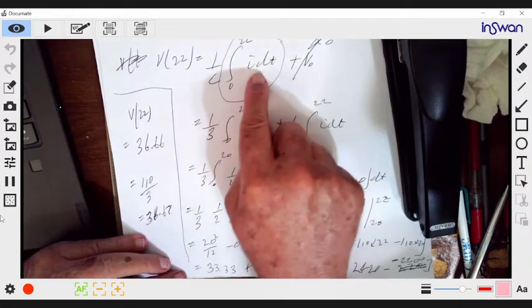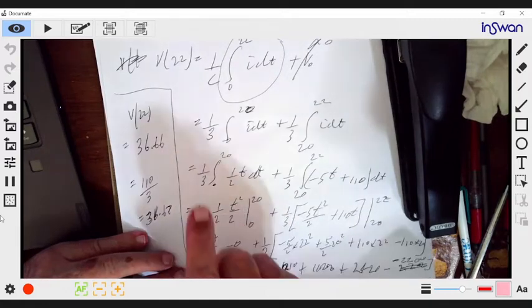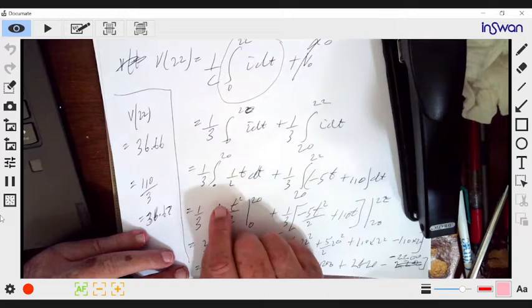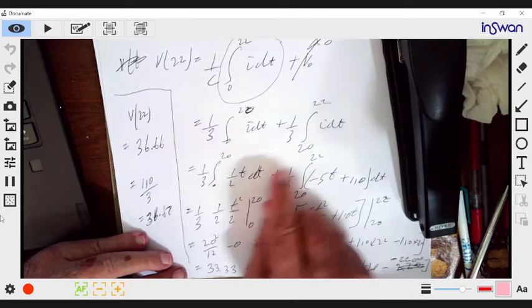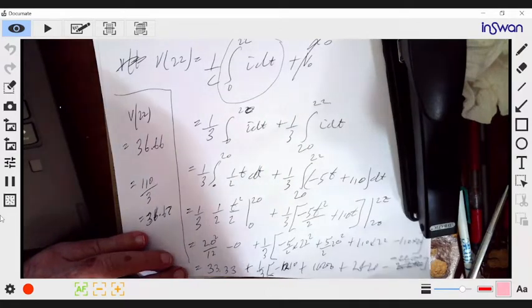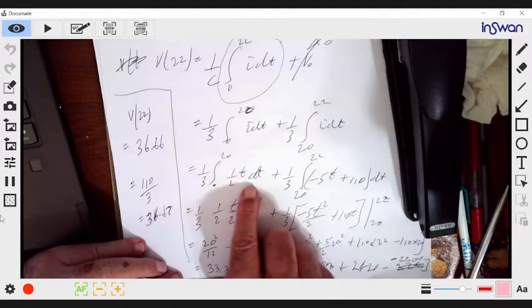Area under the current curve divided by 3. But to find the area from 0 to 22, we have to split that integral into 2. 0 to 20 and from 20 to 22. Why? Because the current is different for those two areas. And that's what we did.